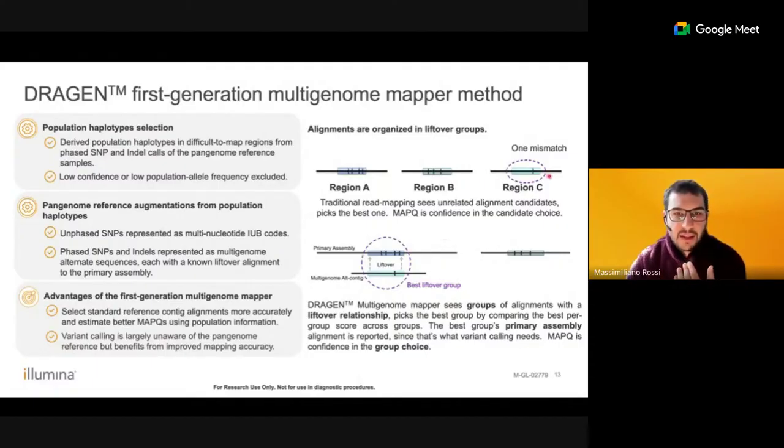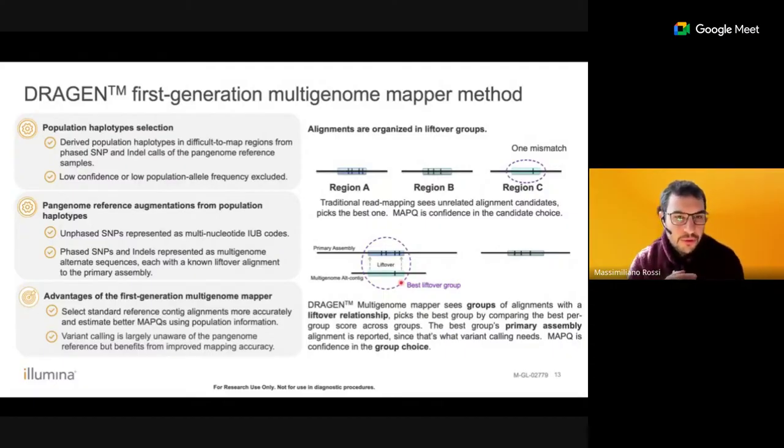Let's say that this region C is actually a multi-genome alt-contig with a liftover relationship to the region A. So essentially, those are encoding different haplotypes, but on the same region. What the multi-genome mapper can do now is group these alignments based on liftover relationships.